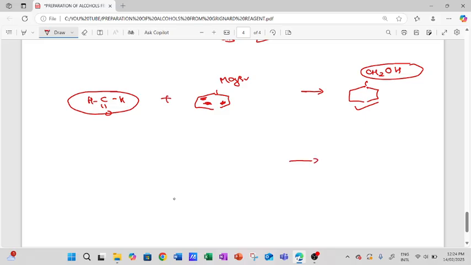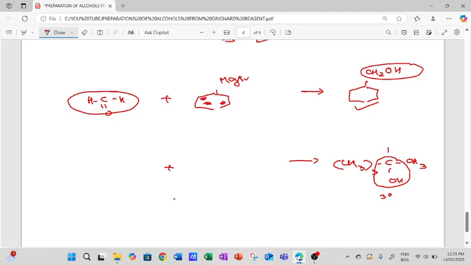One more example I'll tell you. The product, for example, is CH3 thrice COH, CH3. And they have not given the reactants. Both the reactants are missing. It means this is a tertiary alcohol. Tertiary alcohol means the COH is produced from where?